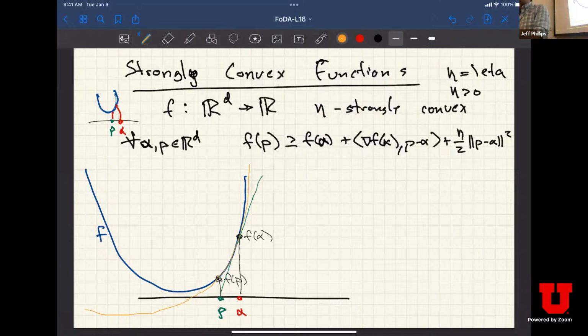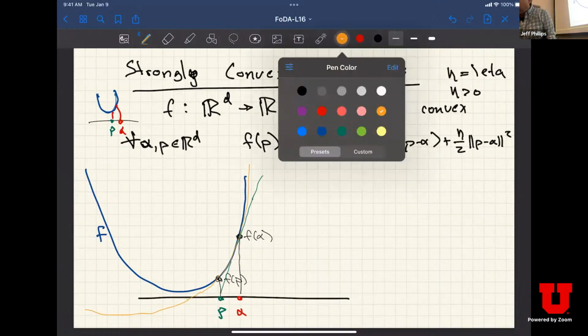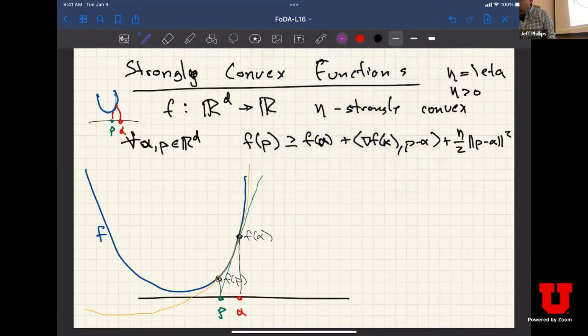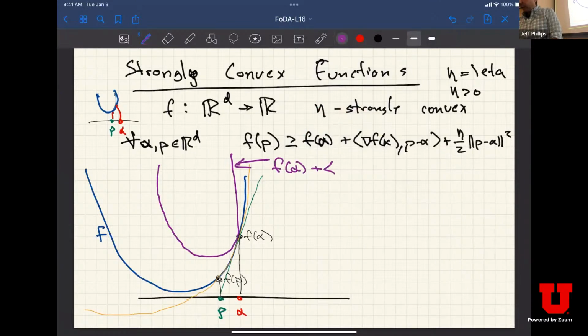Okay, there's another picture you can draw here that's also interesting. I'm going to consider another function that's another parabola. This function would be f alpha plus the gradient at f alpha times p minus alpha, plus L over 2 times p minus alpha squared.